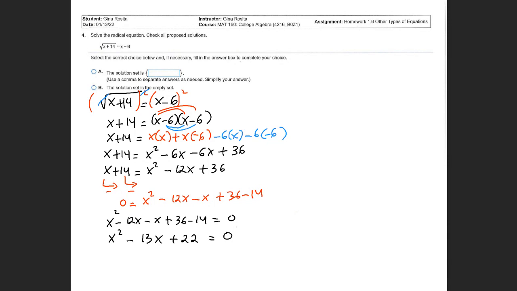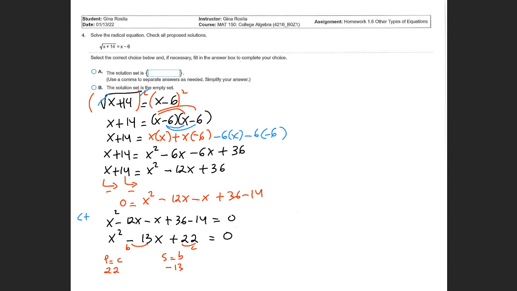So we have to factor. This is B, this is C, right? So the product equals C. What is the product? 22. How about the sum? The sum equals B. It's negative 13. Remember, C is positive.